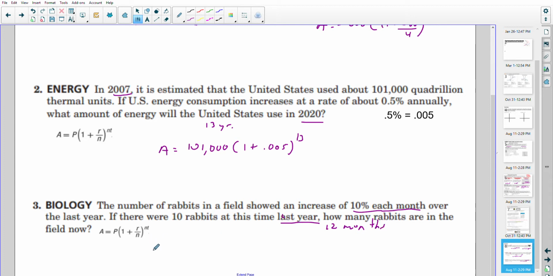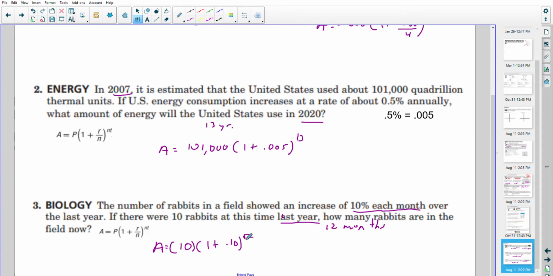So looking at this, I am thinking about months. I'm starting with 10, and then it's going to be times 1 plus 10%. Again, talking months, and then no compounding, but how many months in a year? 12 months, so it's going to be to the 12th power.